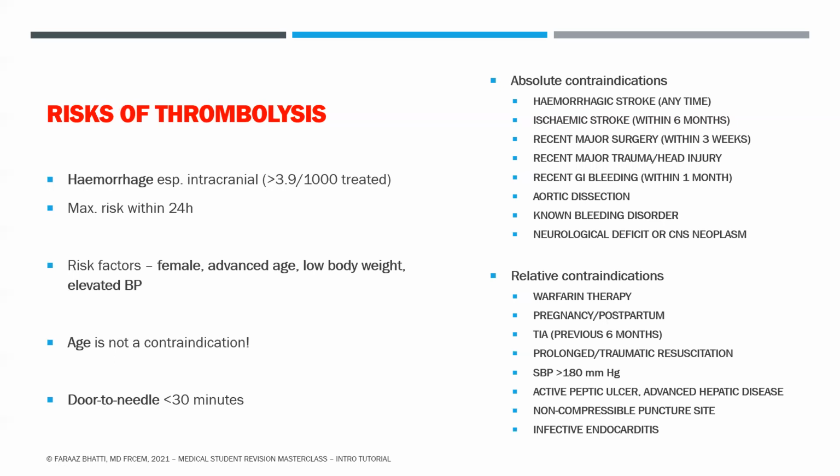Age is not a contraindication to thrombolysis. And again, there is a parameter that you aim for, which is a door to needle time of less than 30 minutes. So that is when the patient hits the door of the emergency department to the time you administer the thrombolytic.